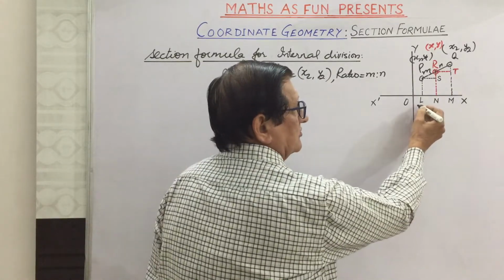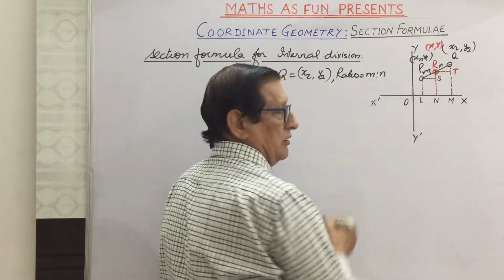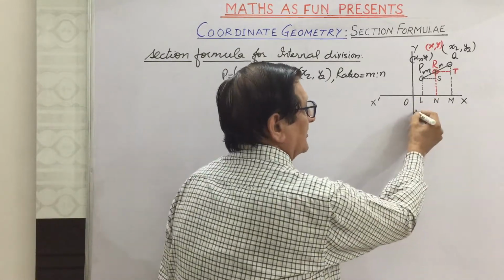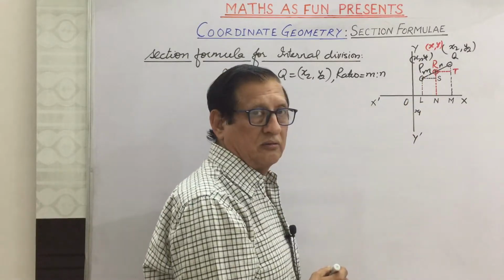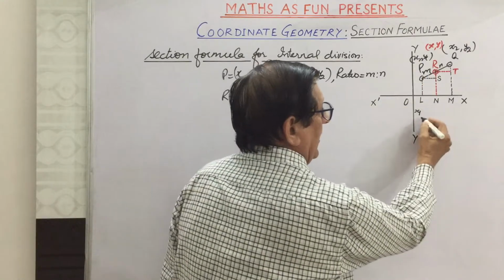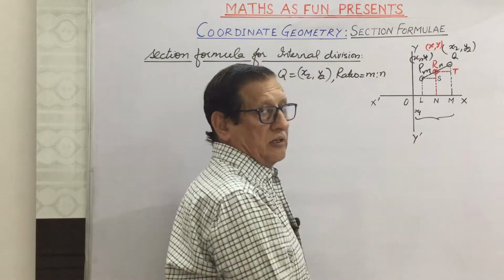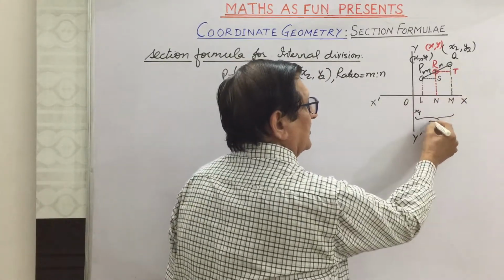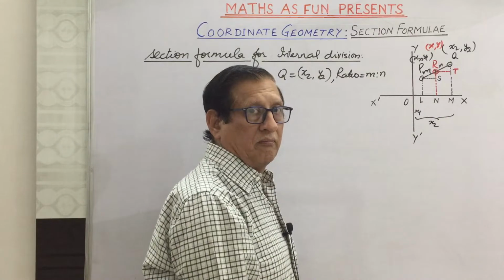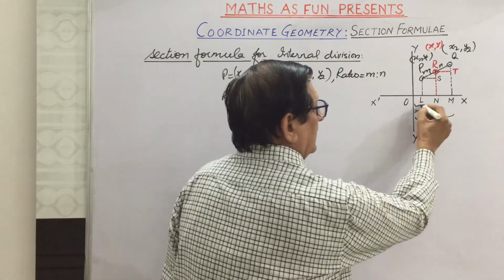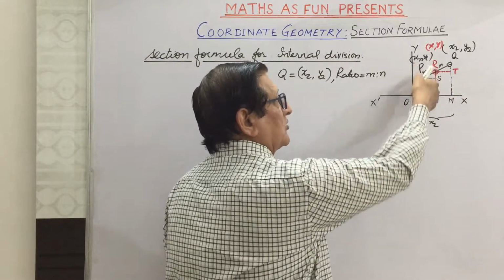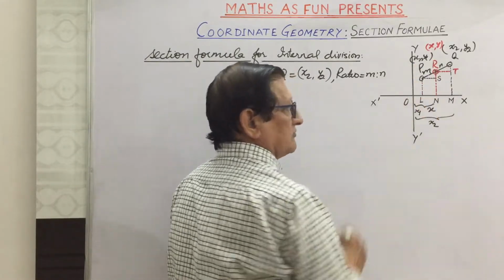Can we find out OL? We know OL is the x coordinate of P, that is x1. OM is the x coordinate of Q, that is x2. And ON is the x coordinate of R, and that is x.